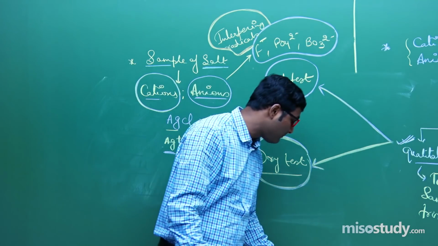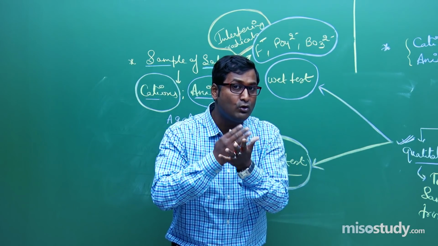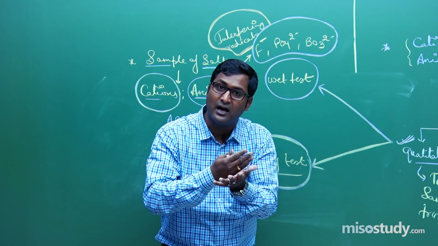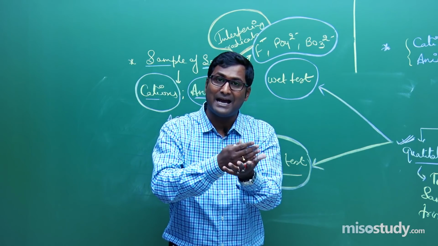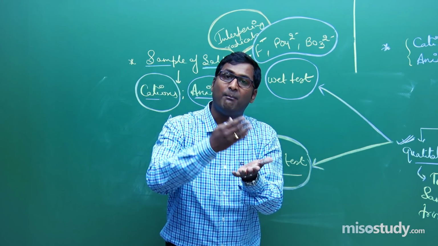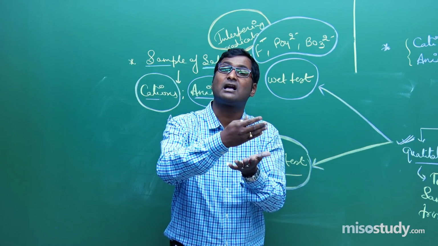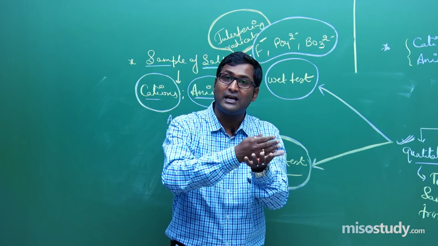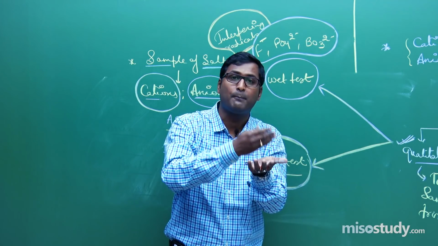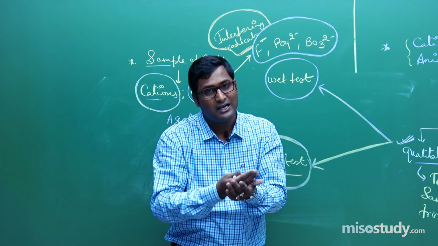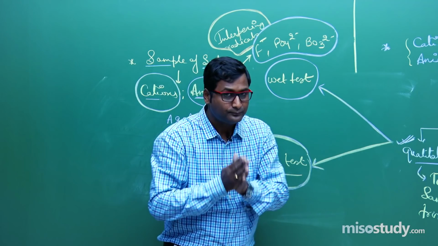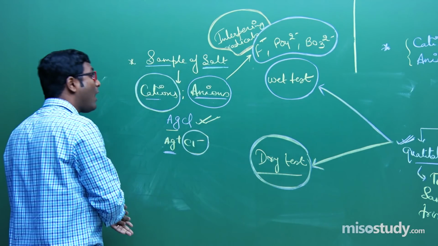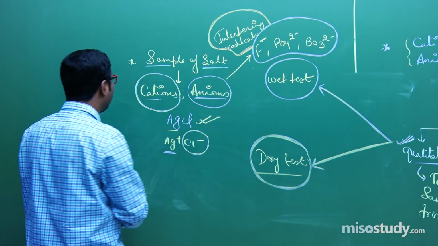Listen carefully, there is no such scheme or method to categorize anions as well as cations, but only for our convenience we are doing this. No theoretical or basic practical explanations are there.